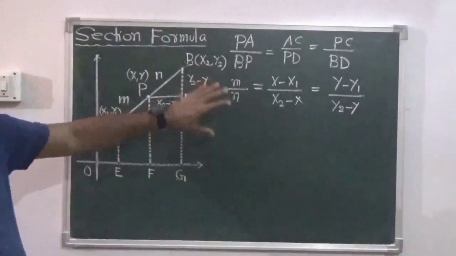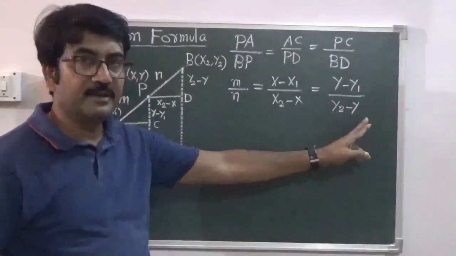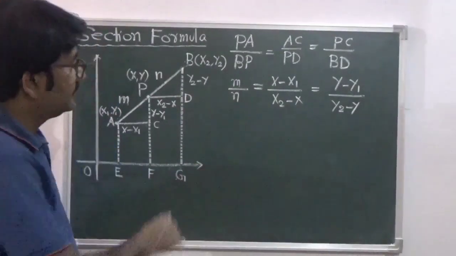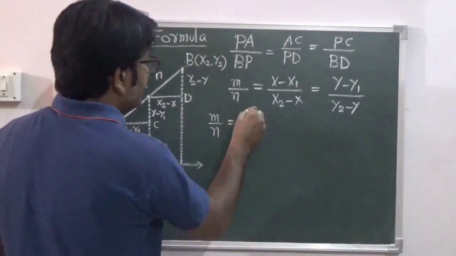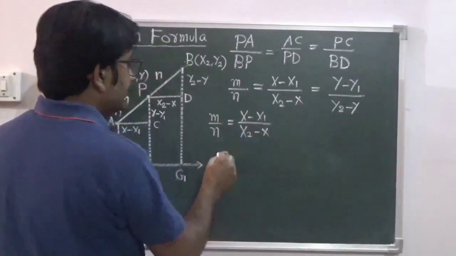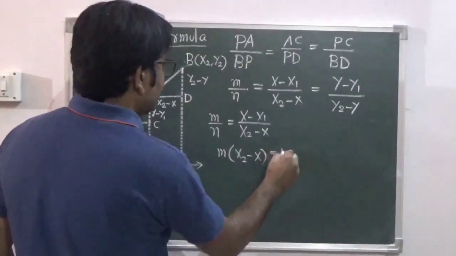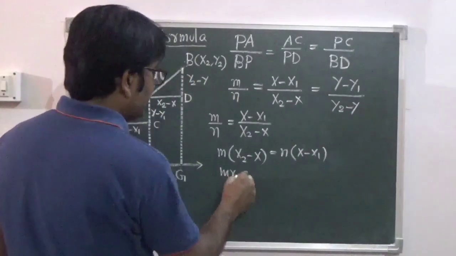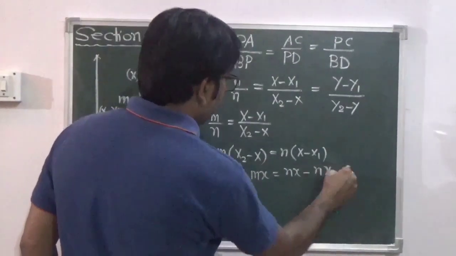So we have m by n equals x minus x1 by x2 minus x equals y minus y1 by y2 minus y. So we take two at a time, and then we simplify. From this we have m by n equals x minus x1 by x2 minus x. We cross multiply, so m into x2 minus x is equal to n into x minus x1. So we have mx2 minus mx equals nx minus nx1.